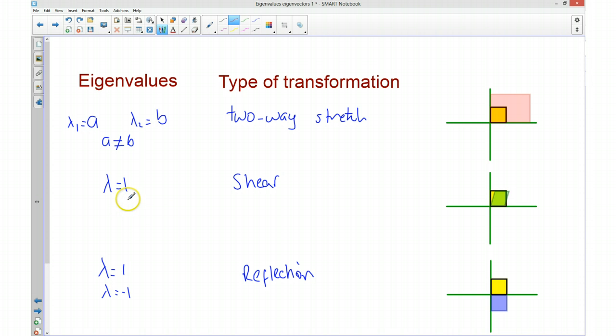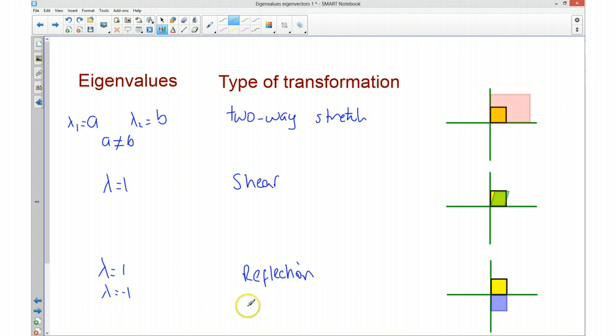If we've got a single eigenvalue that's 1, then that's telling us that that's going to be a shear, and so that's going to be something that looks like that, and we've got a line of invariant points, which is the axis along which the shear is taking place. So in this case it's going to be the x-axis.